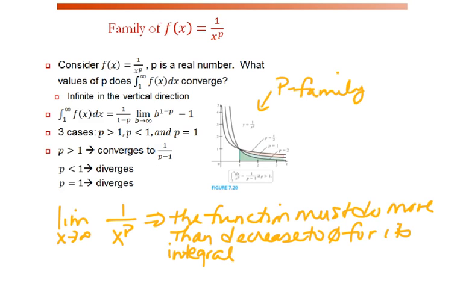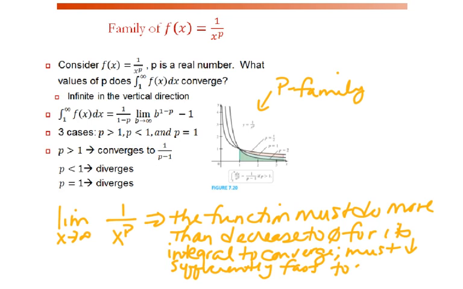Just want you to have this in your notes. The function must do more than decrease to 0 for its integral to converge. It must decrease sufficiently fast to 0. Okay, so let's take a look at the proof, which will help us in chapter 8. We're laying the groundwork here.